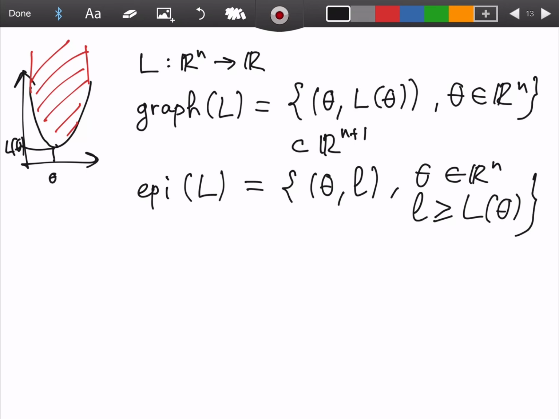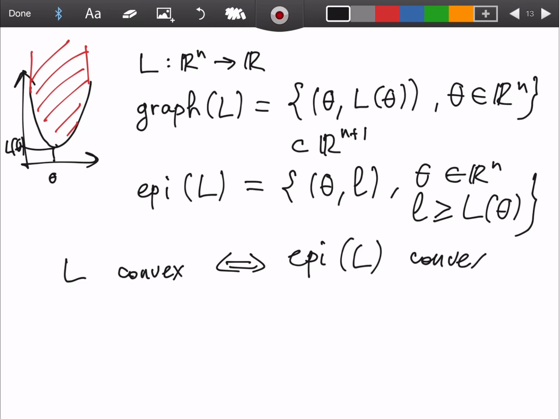Now, you say that L is convex if the epigraph of L is a convex set. This is the way you extend the notion of convexity from sets to functions. I think this is the cleanest definition of convexity for functions, instead of writing inequalities and saying that the function lies below the chord connecting between 2 points.